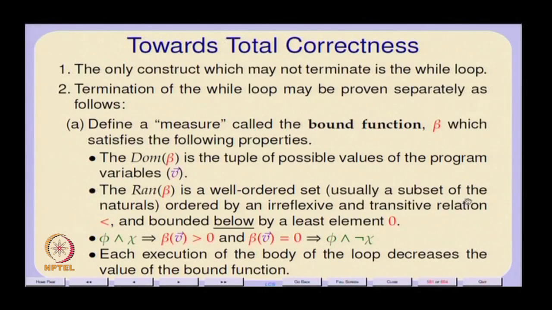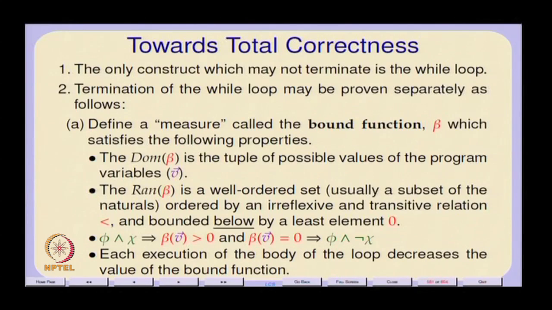So, this red color indicates that the domain, the range of B need not necessarily lie within the same model of the program variables. It could be different.